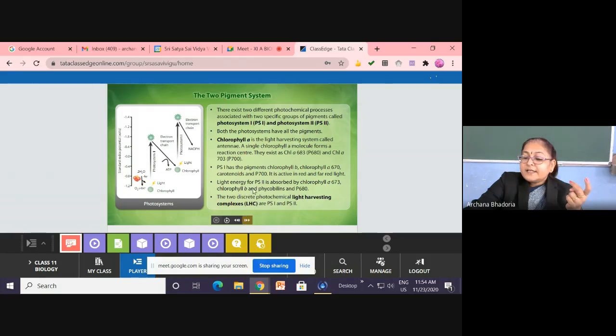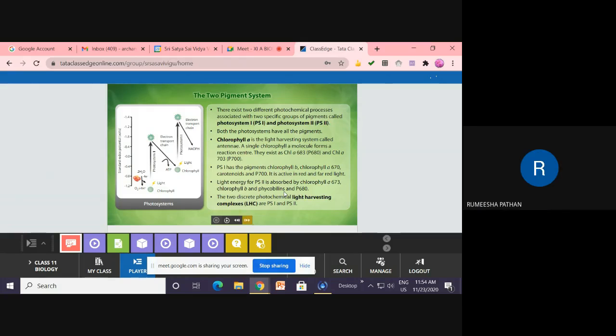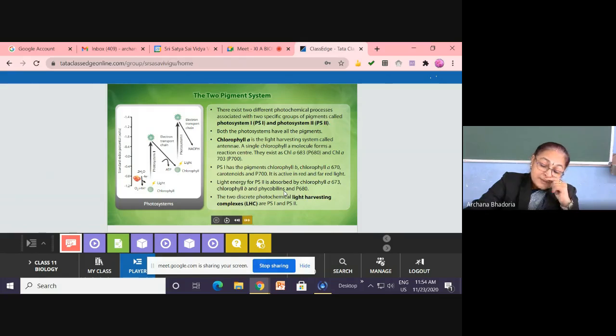The accessory pigments present in photosystem 2 are the phycobilins. What do the phycobilins include?